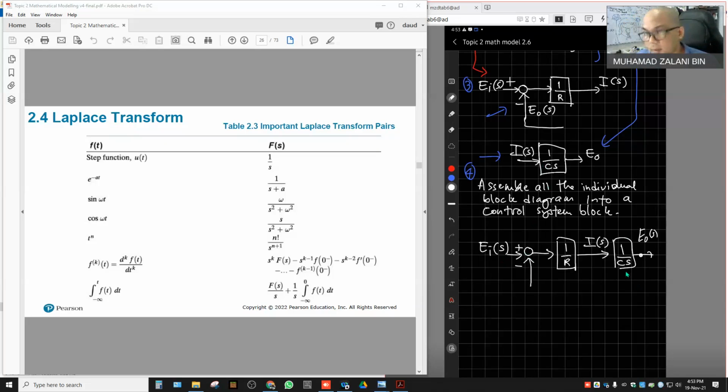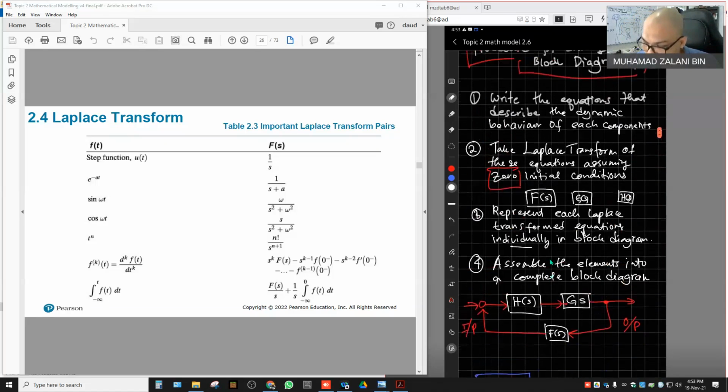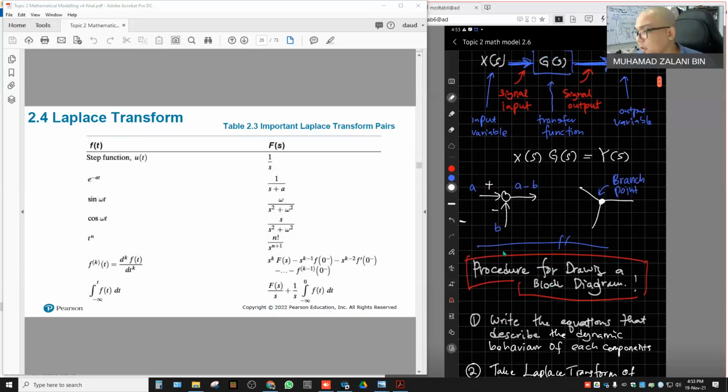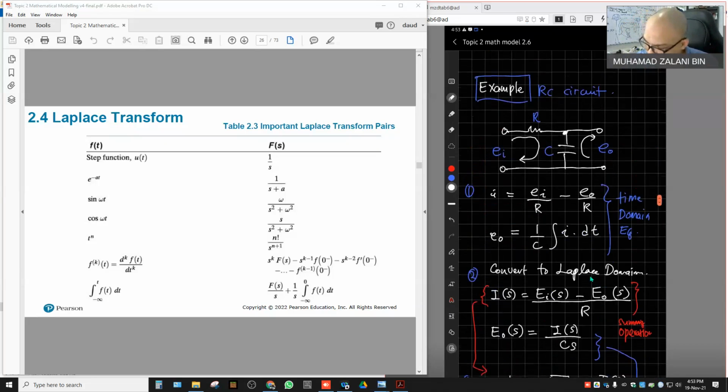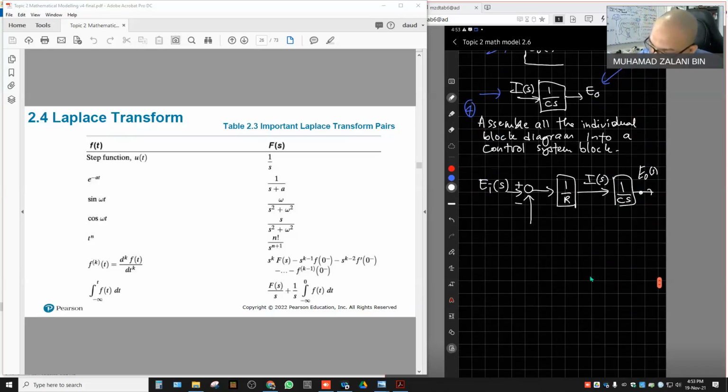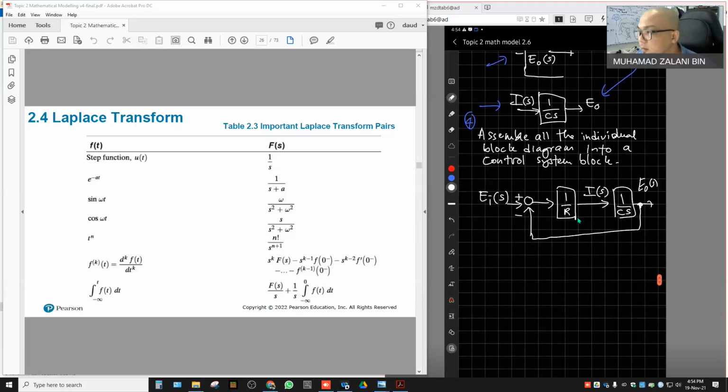And then we have the summing point, and we have the junction here. What is that junction called? It is the branch point. We have the branch point as well at the output. So simply this is feedback. This is a feedback signal. Okay, so it should look like this. So when you combine all of this together, it will become the same as the equation that we achieved.